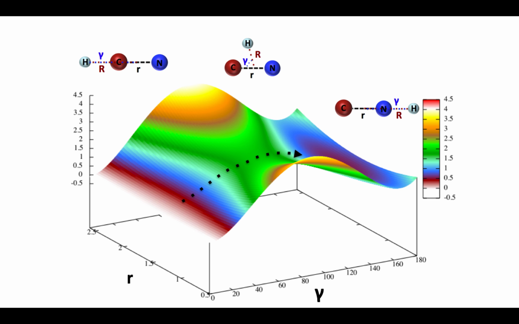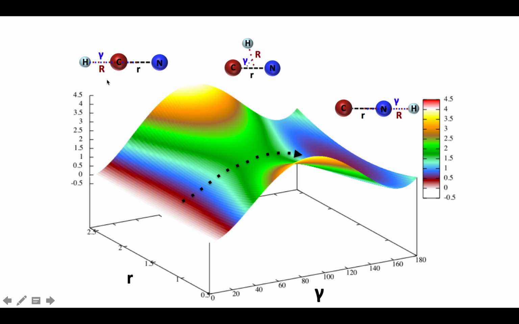Okay, so let's remind ourselves that we're talking about this chemical reaction. So we have HCN, and we're going to go from HCN to CNH, which means we're going to just rearrange this molecule. Okay, and so we talked already about this. We can think of about 3 different, unique coordinates for this molecule, right?